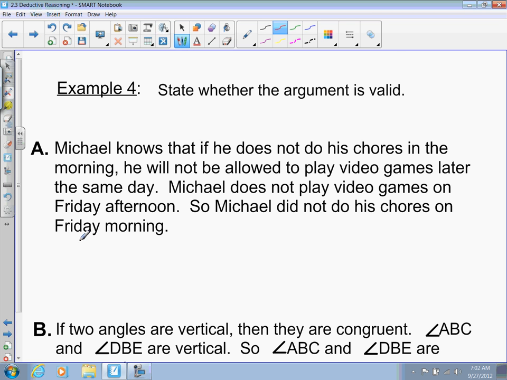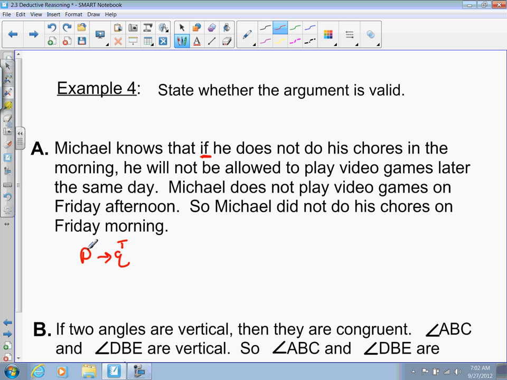So we look at that first if statement. It's not exactly an if-then form, but if he does not do his chores, then he will not be allowed to play video games. So if he does not do his chores, he can't play his video game. Down here we say, well, he doesn't play his video game. So we know this part is true.